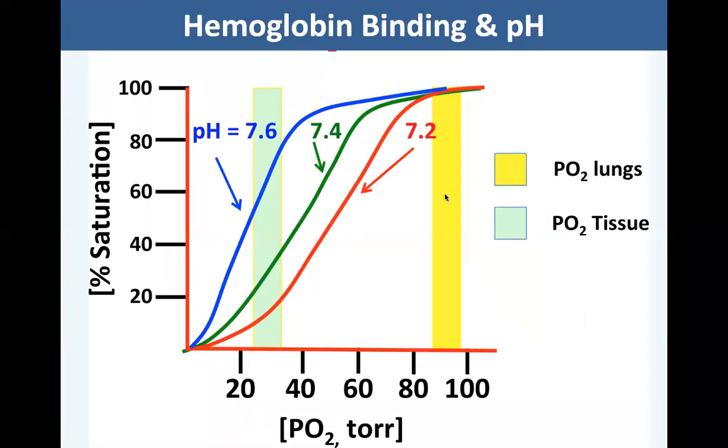That's what you end up doing. So you should take a look at this for sure. Here's the PO2 in the lungs, and here's the PO2 in the tissue, and at different pH levels you see a shift to the right as the pH decreases, and the pH will be lower in actively respiring tissue because they're producing CO2, which we know is acidic.